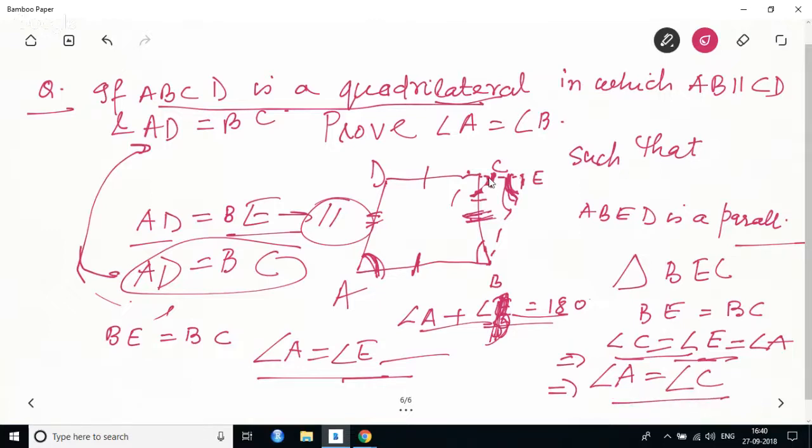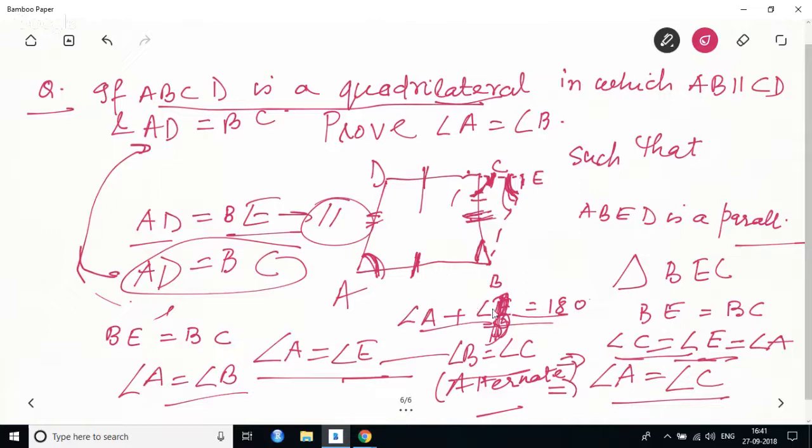Now look here, if angle A and angle C are equal, these two lines are parallel and angle B is equal to angle C also. How is angle B equal to angle C? Because they are alternate angles. So there we can prove that angle A is equal to angle B.